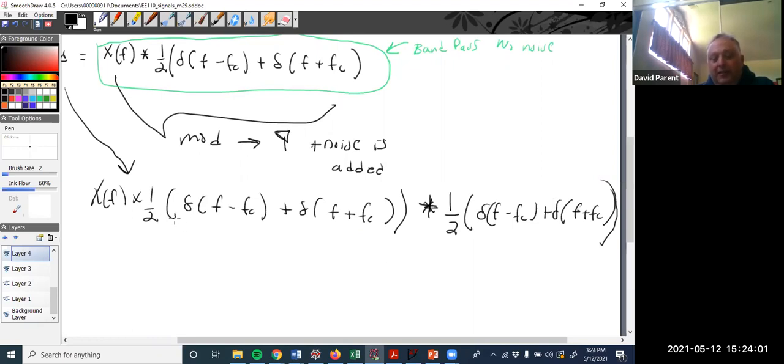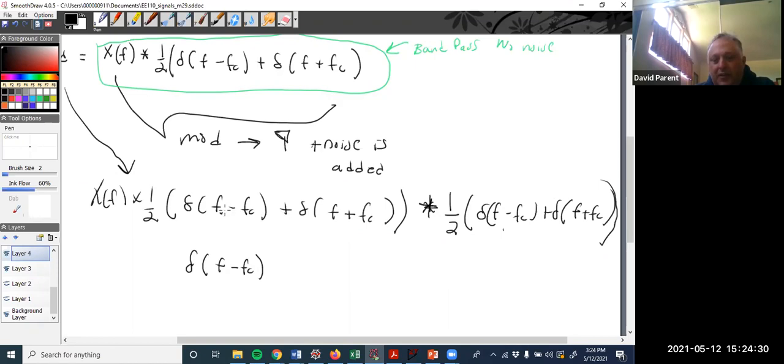This is where it gets into a bit of a mess. But if I multiply these through like FOIL, right? Convolve a delta times a delta, well, that's going to be a delta, and then I sum up the delays.